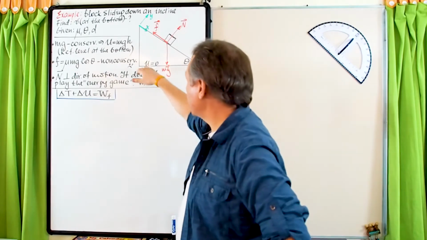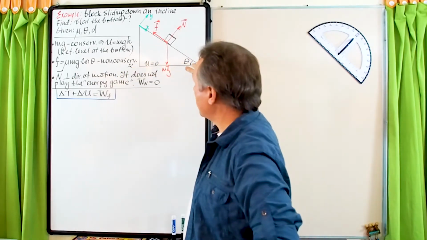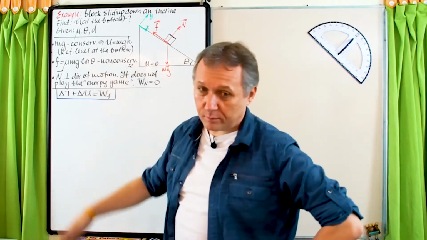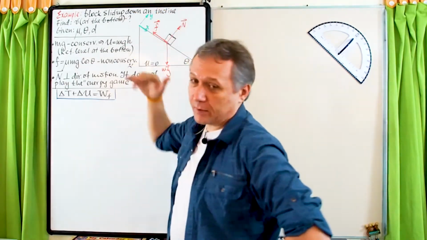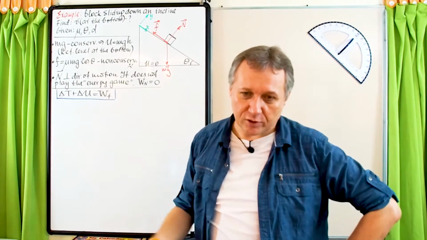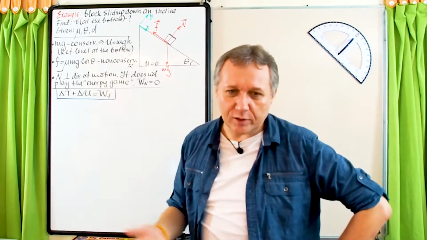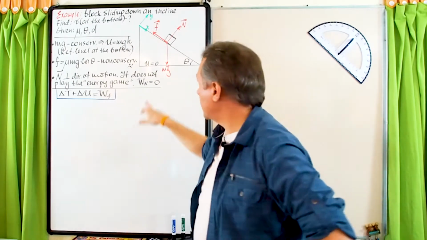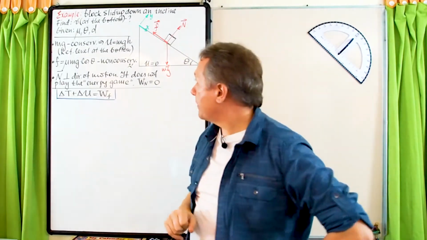In this case, I decided to position the reference level at the bottom because the whole motion is going to happen above that. So I want to have a positive potential energy. I don't want to deal with negative values. So that's my reference level.